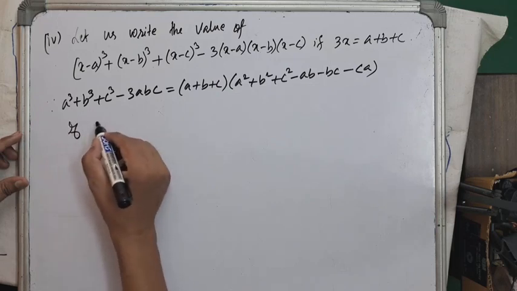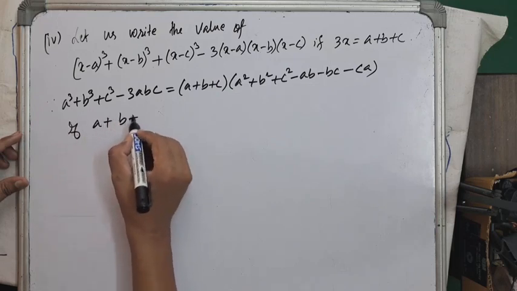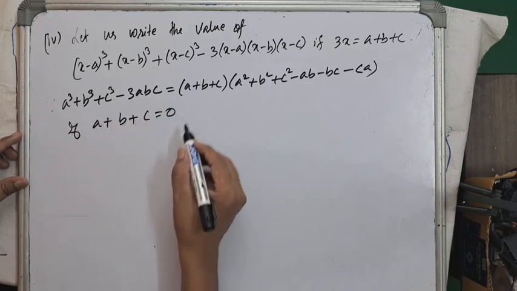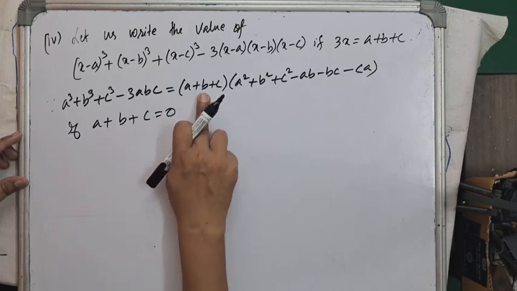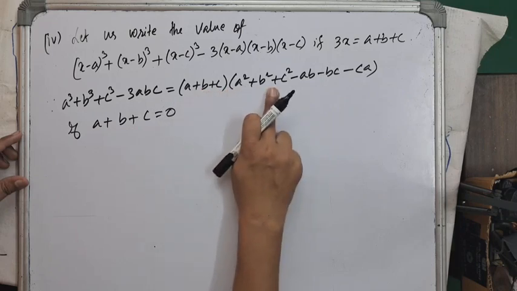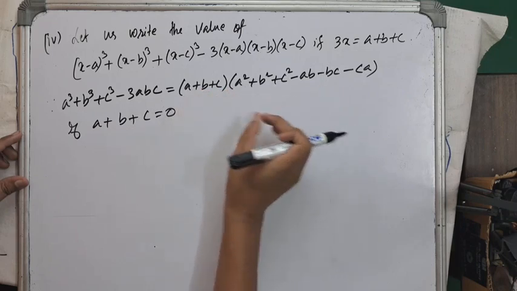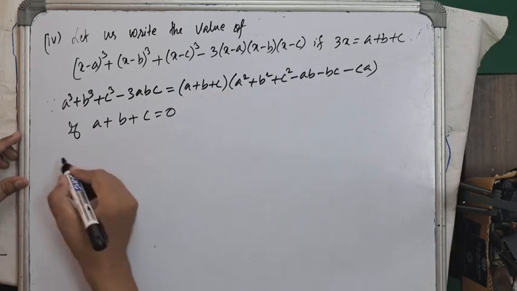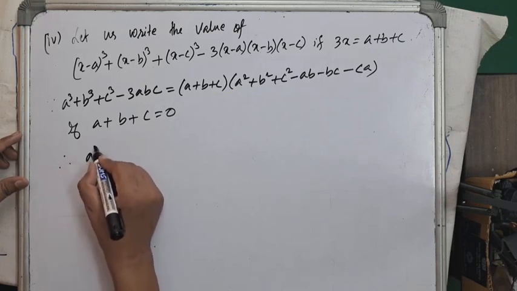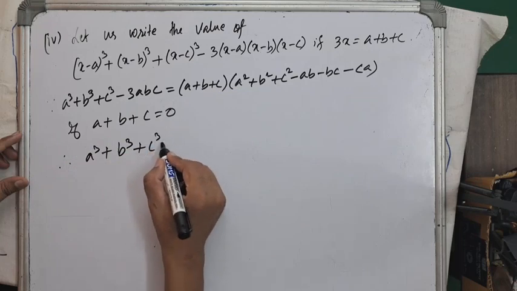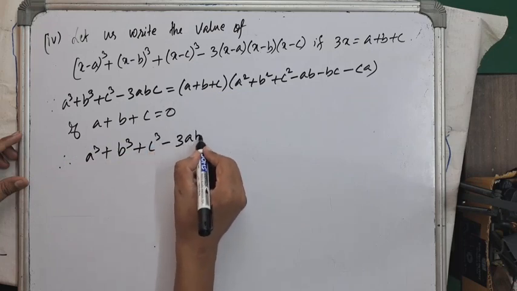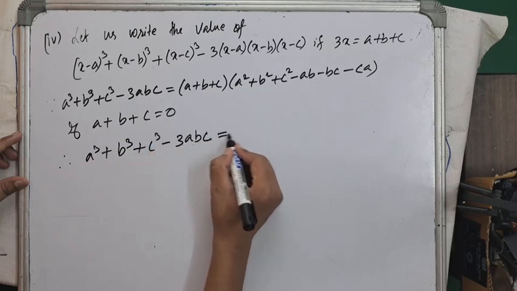If a plus b plus c equals 0, then 0 into this will give us 0. 0 into any number is 0. Therefore a cube plus b cube plus c cube minus 3abc equals 0.